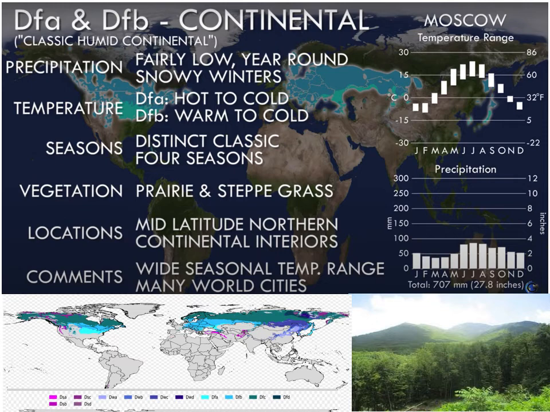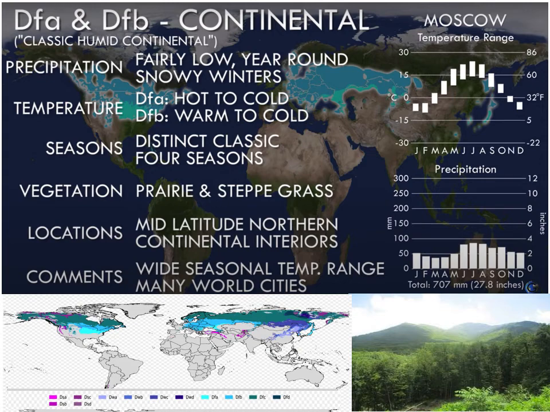DFA and DFB, they are continental, temperate but continental. These two types of continental units lie only in the great landmass of the northern continents. You don't find southern hemisphere occurrence of this. All these places experience high temperature range between summer and winter, with cold winters routinely falling below freezing point.